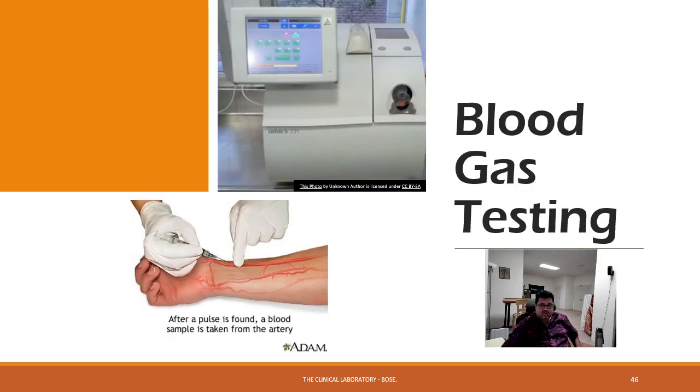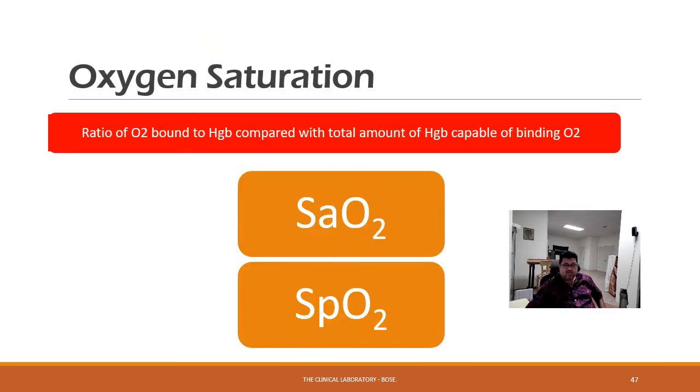In this section, we'll look at testing for blood gases. So we'll look for oxygen saturation as expressed in percentage. This is the abbreviation under which it is often reported: SaO2 and SpO2.